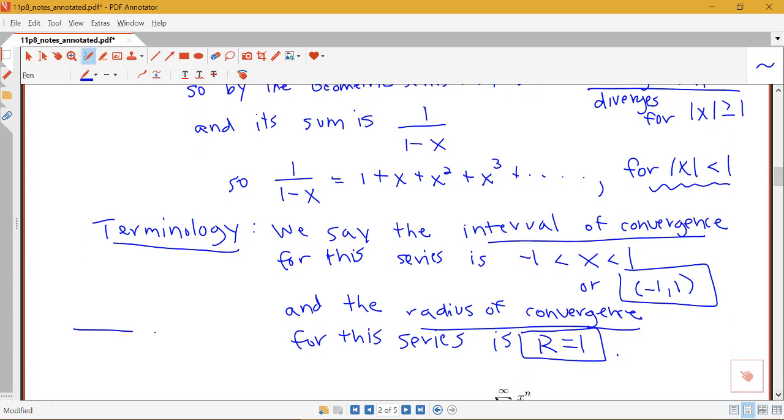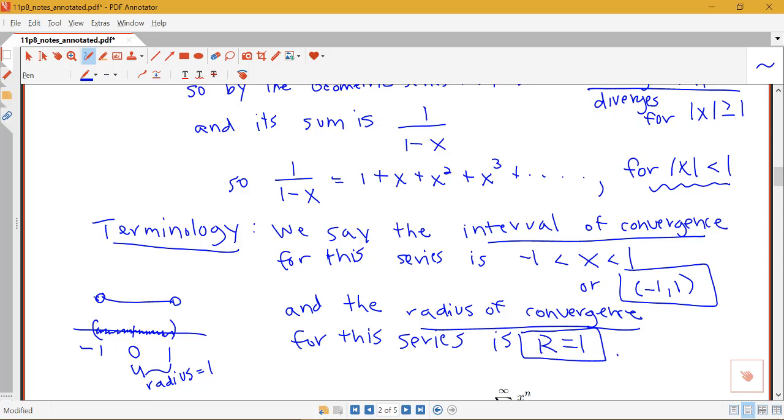If I draw a picture of the interval, and I know that I'm centered at 0, my interval of convergence goes from -1 to 1. Everything in here is the set of all x's for which my series converges. The radius is just the distance from the center to an edge. That's where I'm getting that the radius is 1. This interval includes all values in between, not including -1 or 1.